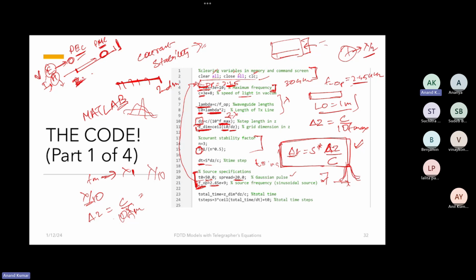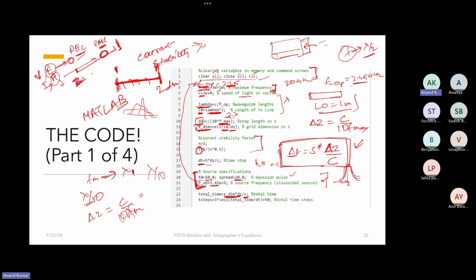Now we need to calculate the total number of time steps for which this particular code will run. I've calculated the total time in this fashion: this is your total simulation space over here, and the time for a wave to travel from the first node to the last node can be calculated as the total length divided by the speed of light.